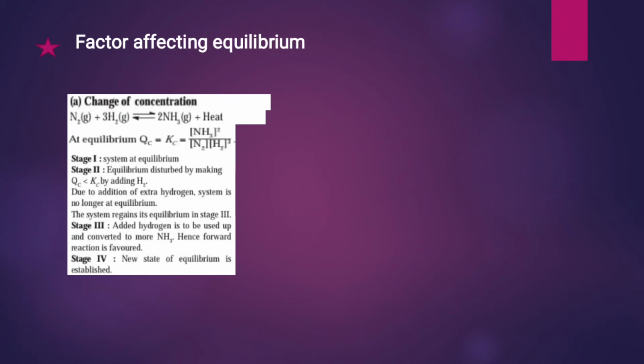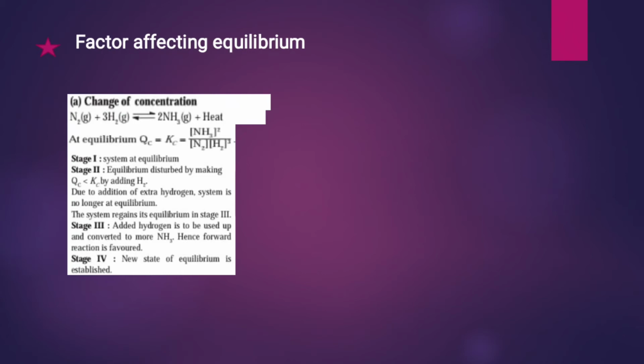According to Le Chatelier's principle, the effect of addition of hydrogen or nitrogen or both is reduced by shifting the equilibrium from left to right, so that the added N2 or H2 is consumed.